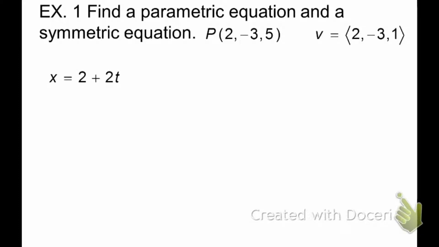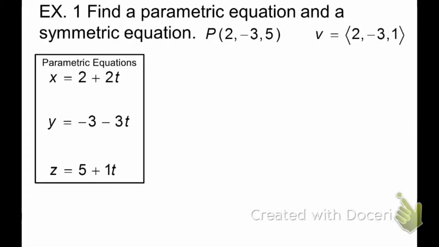So in this case, x is going to equal 2 plus 2t, y will equal negative 3 minus 3t, and z will equal 5 plus 1t. So the first number after the equal sign is part of the ordered triple, 2, negative 3, 5. The next number that's multiplied times t is part of the vector 2, negative 3, 1. So these are the parametric equations for this plane.